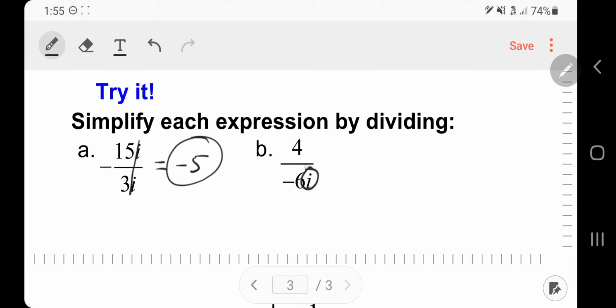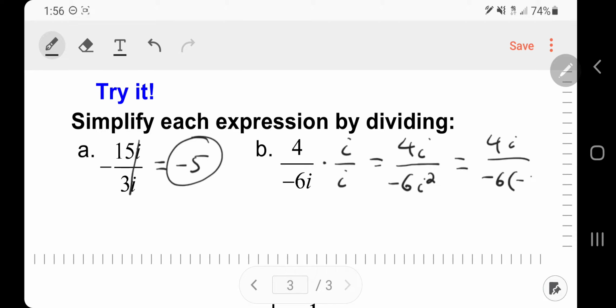Okay, the second one, as you see here in the denominator, we have that i. So we're going to have to multiply i in both the numerator and denominator. So that means we get 4i on top, 4 times i. And on the bottom, we get this negative 6i squared, which again becomes negative 6 times negative 1.